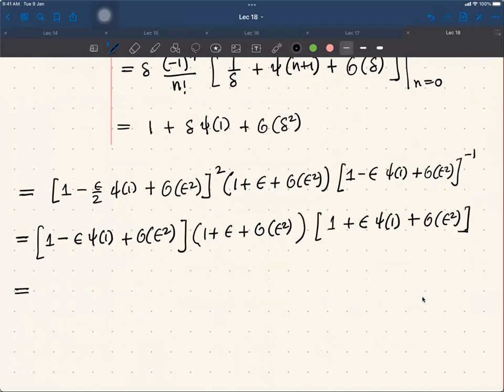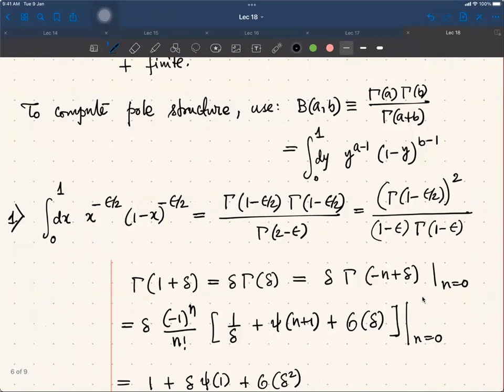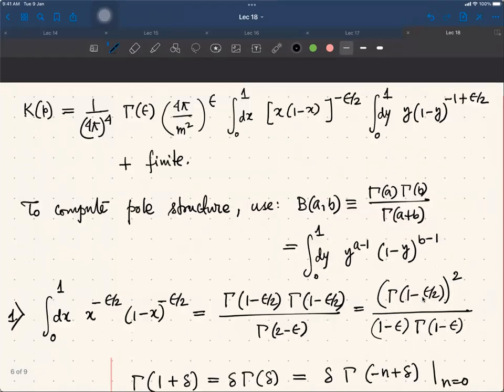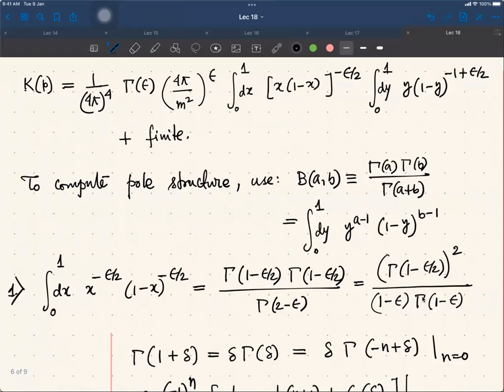So I would expand up to order epsilon. Here, this quantity, if I expand it up to order epsilon, neglecting the order epsilon squared term, then the consequence is that the pole that is going to come is from here, and we shall see that this part also has a 1 over epsilon pole.